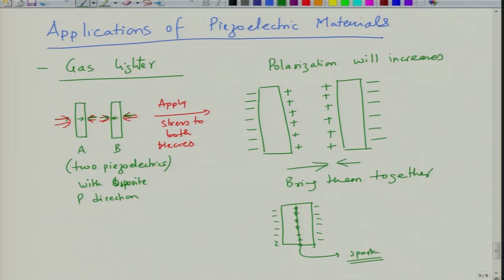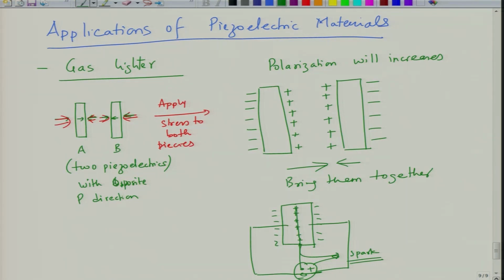When they are pressed together, they will generate a charge, and you will have a circuit connected, and let us say this is the circuit which is the positive charge. From here you will flow the negative charge. So, this is the negative charge, and hence this will generate the spark. When the charges combine together across the gap, this is where we will have spark generation when you bring them together.